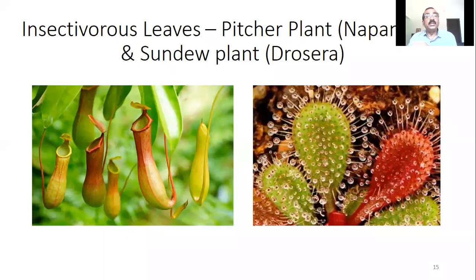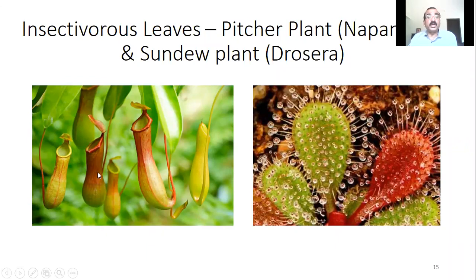Now this is what I said, insectivorous plants. See, this is called the pitcher plant, and this is called a drosera. This is the pitcher plant. Nepenthes is the botanical name. This is called a sundew plant. Drosera is the botanical name. Here the leaf blade is modified into a pitcher, a cup-like structure, and this is the one which helps in trapping insects.